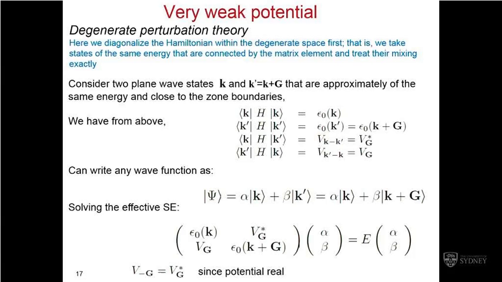What we have now, at the zone boundary, is two values of E. If this was E0 right in the middle, then we get a lower energy here, and then the plus energy, another V of G, up here. So the value of the gap is equal to 2 V of G.